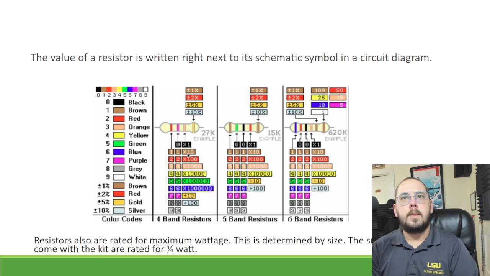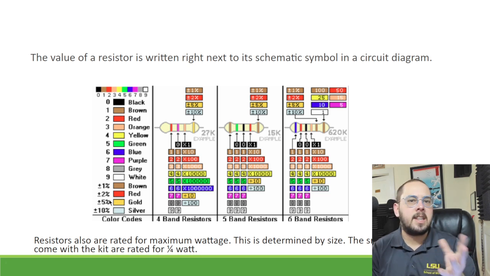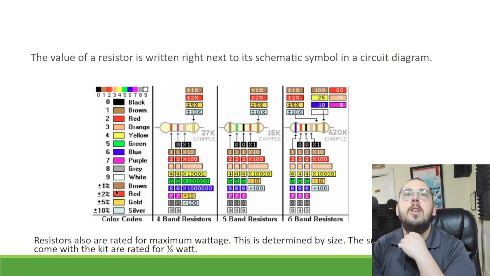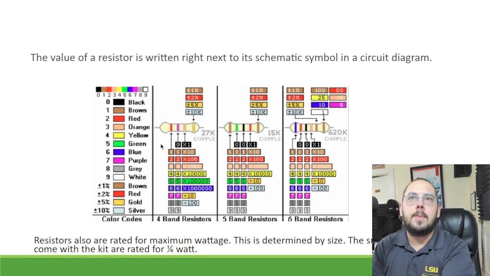So the amount of bands can vary, and that depends usually on the tolerance. Some of them have more or less variance from resistor to resistor. That's essentially what it is. But then this tells us how to read the bands.